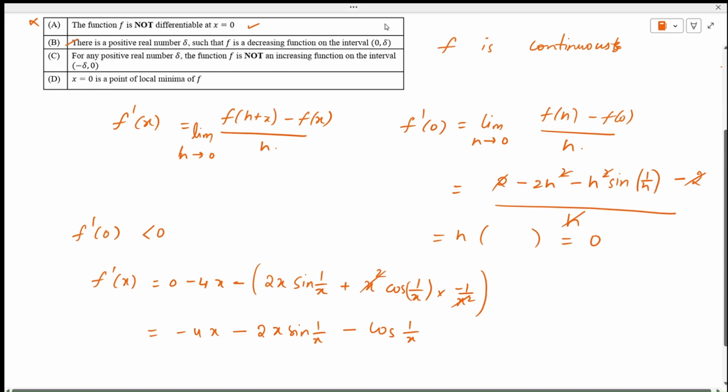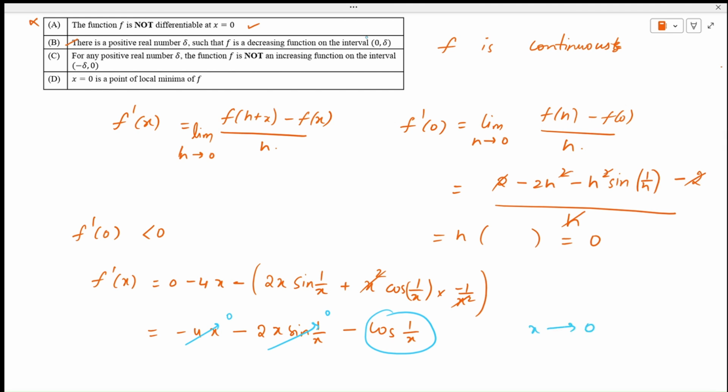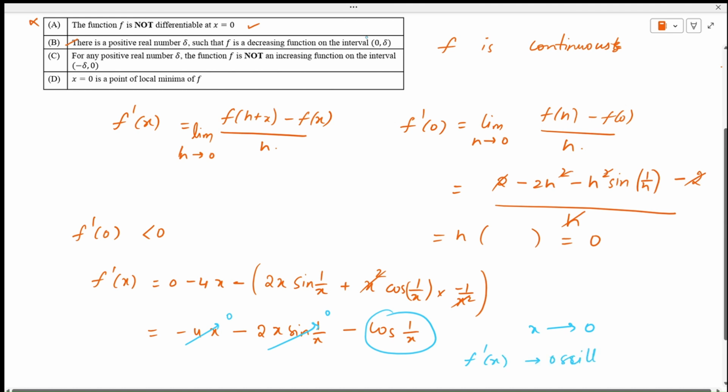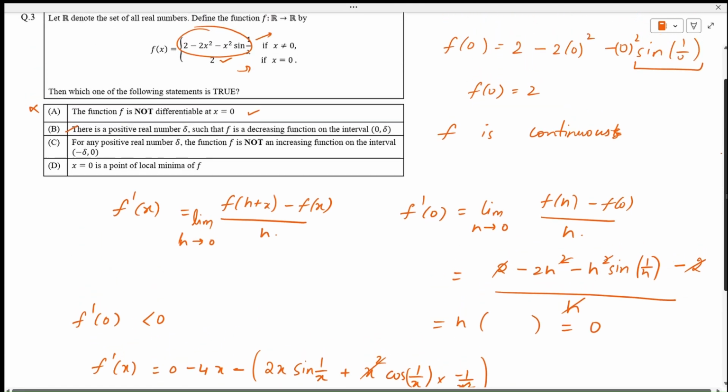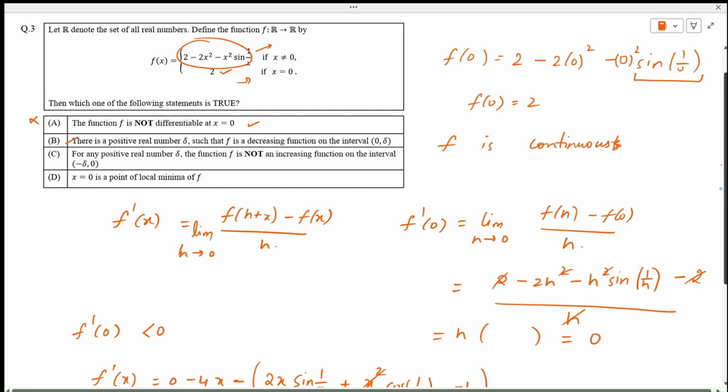Okay. Now this becomes 0, this becomes 0, but cos 1 by x, as x tends to 0, this f dash of x becomes oscillating. It oscillates. So we cannot judge whether it is a decreasing or increasing function at 0. So the second option is also wrong.